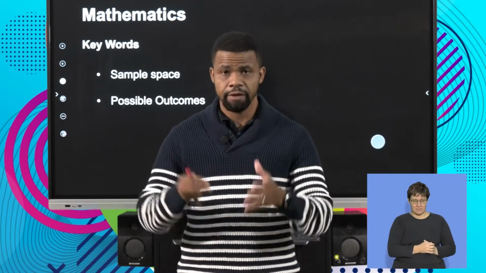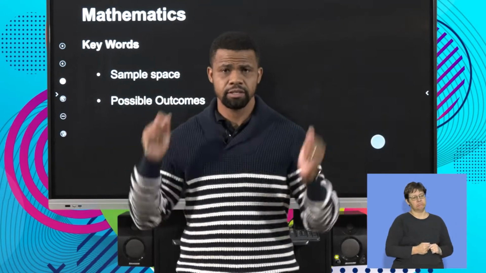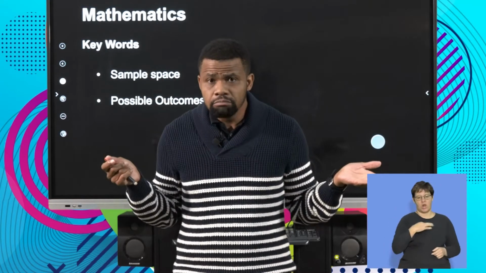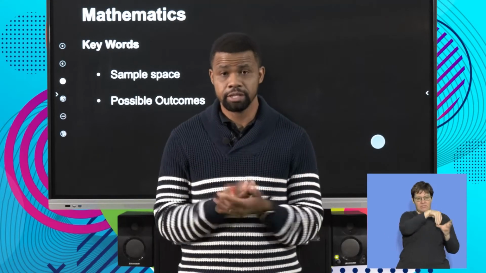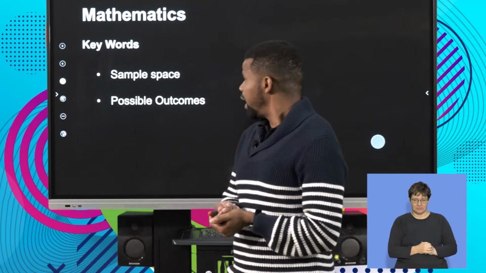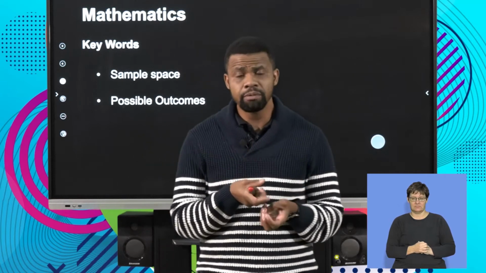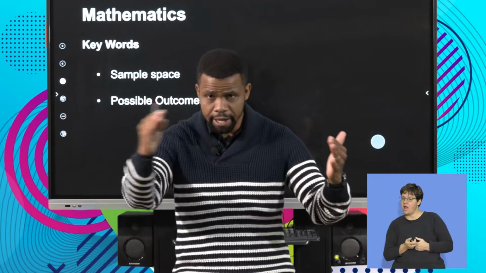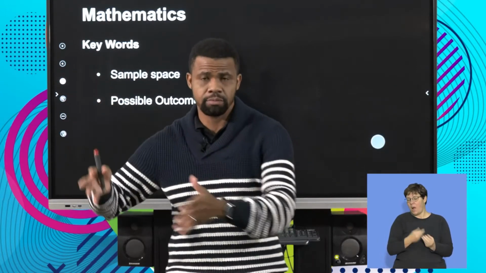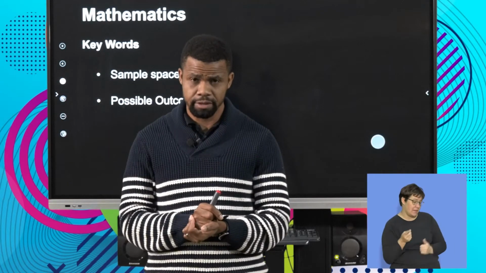Are we together? If I go into a class with boys and girls, I want to count how many boys and girls are in that class. Okay, so that'll be the sample space. And the possible outcomes. Those will actually be the total, if you add, that is the total possible outcomes. Are we all together? Okay.